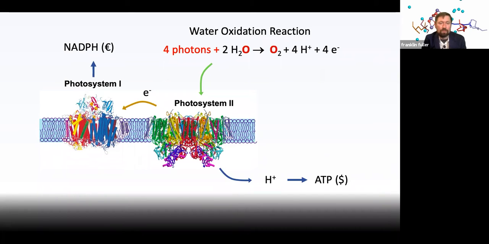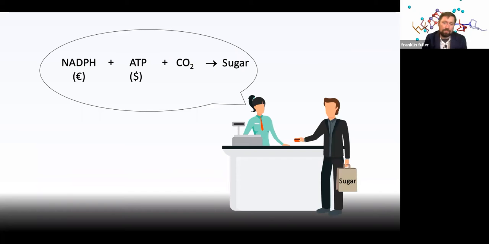It's also present in our cells. It's another way to transport chemical energy around. And so let's just call that the euro of the cell. And if you have enough euros and dollars in hand with carbon dioxide, then the plant can spend that to produce things like sugar. And that's how this all hooks up to the carbon fixation portion of photosynthesis.